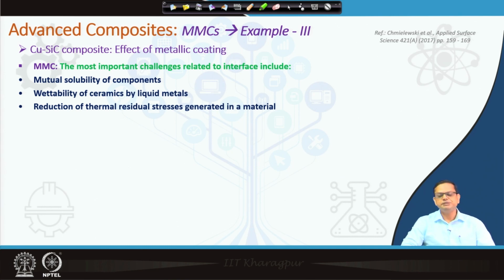Another very important point is the reduction of thermal residual stress during processing, whether liquid state or solid state processing. In both cases, because of elevated temperature processing, there will be residual stress. It should be as low as possible, because residual stress could lead to cracking at the interface, so we need to avoid residual stress generation as well.